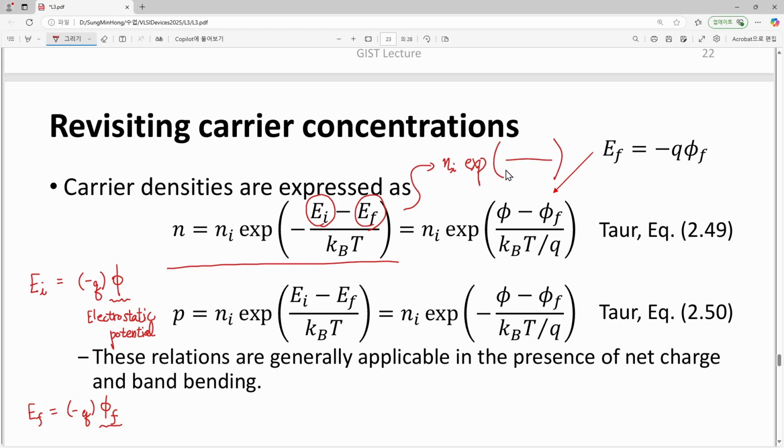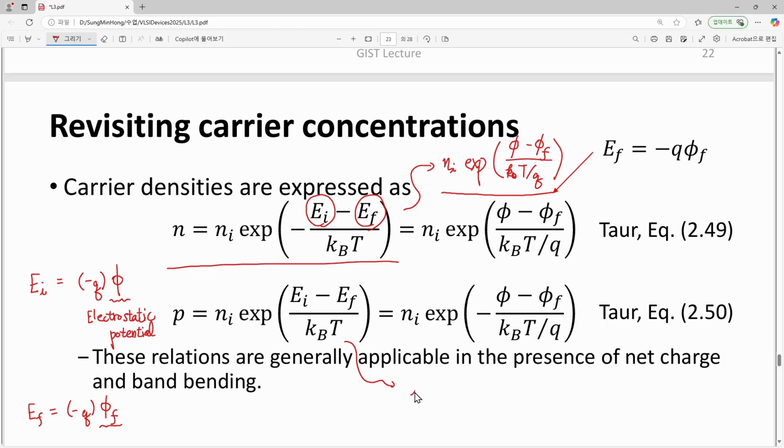So now we will have k_B T over q, and the negative sign is gone, and now we have phi minus phi_f.